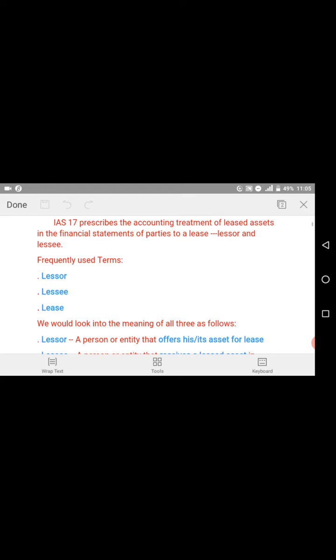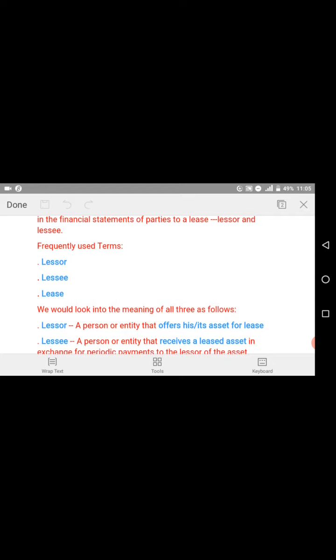The first one is the lessor. Who is the lessor? Second one, the lessee. Who is the lessee? And the third and very important point is the lease itself. So we'll look at the definition of each one of them. We'll start from the lessor.